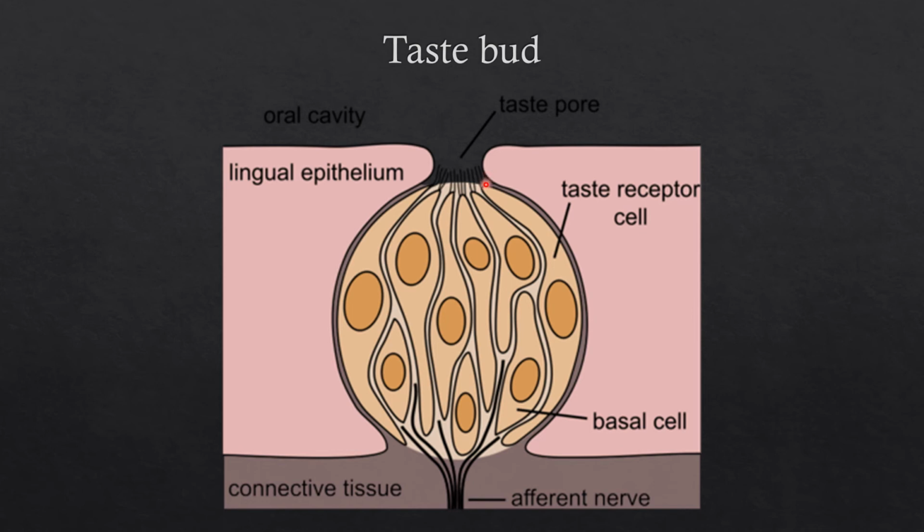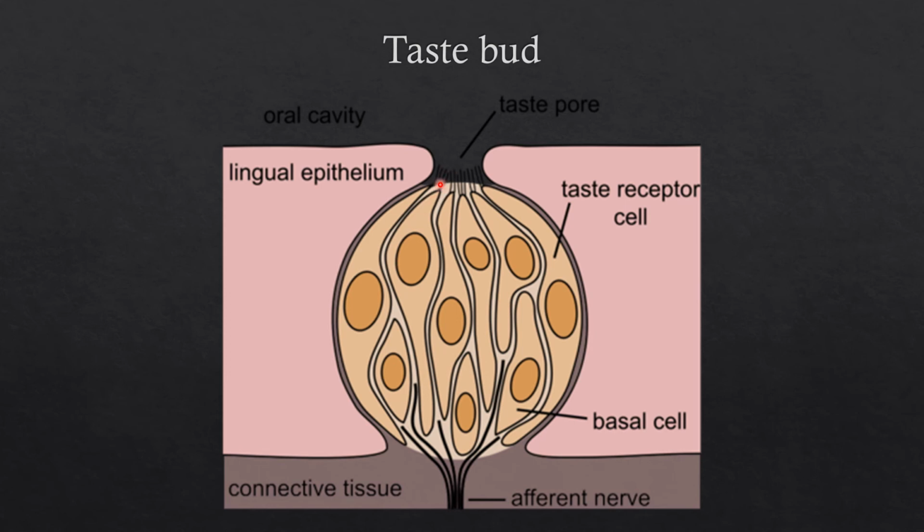Coming to the supporting cell. So this is the supporting cell, which is also called the sustentacular cell. These cells are elongated cells which extend from the basal lamina to the taste pore. They exhibit a darker cytoplasm and a slender dark nucleus. The apical surface of the cell also exhibits long microvilli.